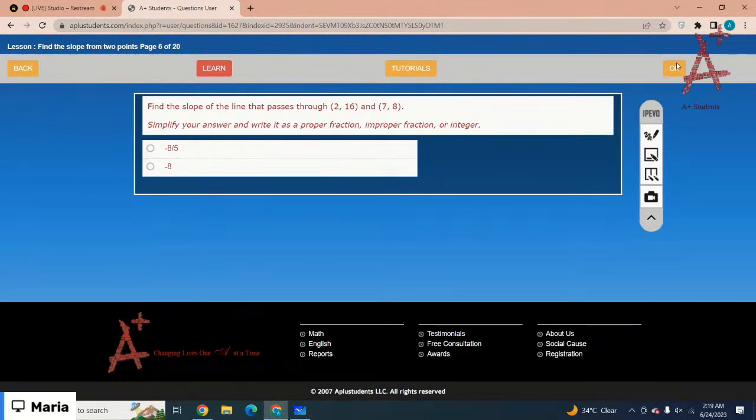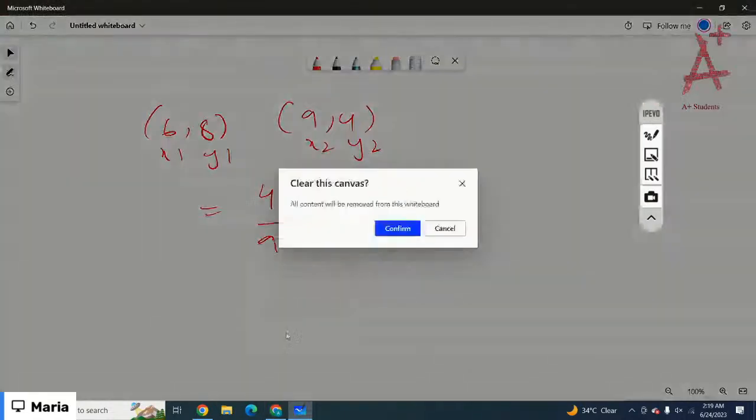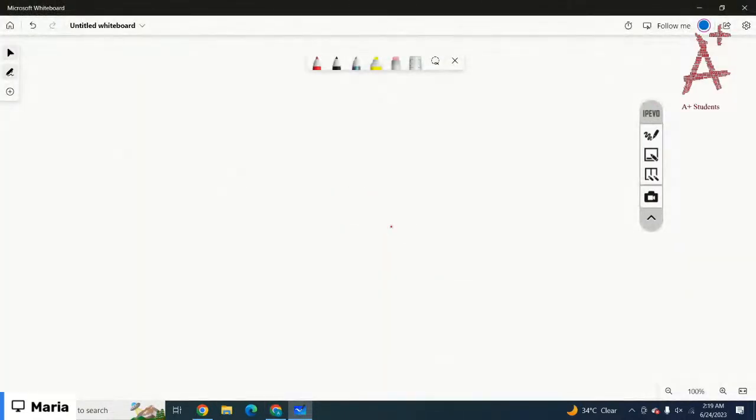Find the slope of the line that passes through (2, 16) and (7, 8). The coordinates are 2 and 16, 7 and 8.